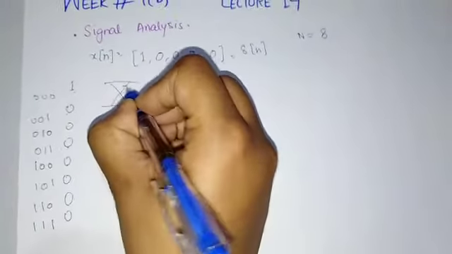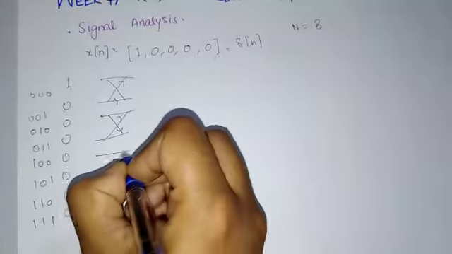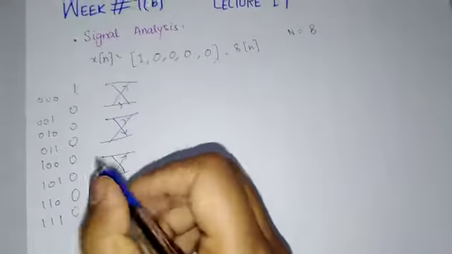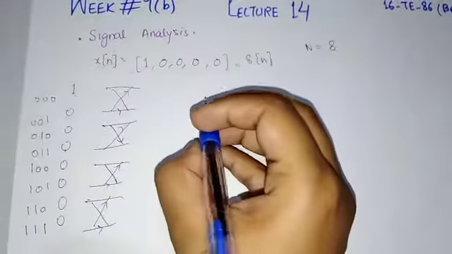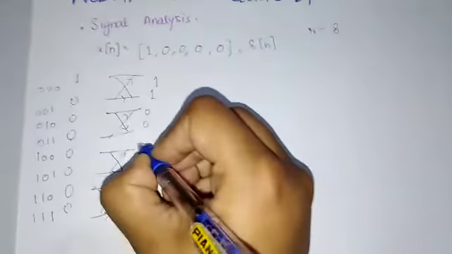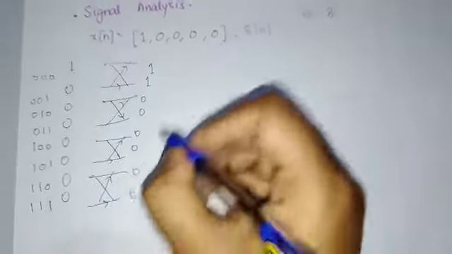Now we have the 2-point DFT. In the 2-point DFT, we have the values 1, 1, 0, 0, 0, 0, 0, 0.